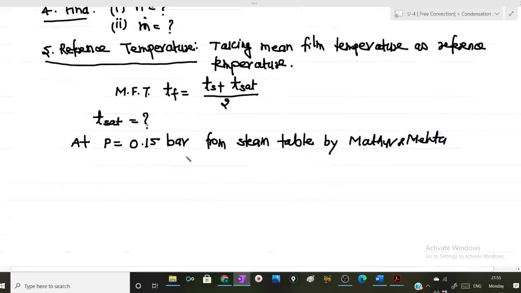It is not given. So Tsat is the saturation temperature of steam at a pressure of 0.15 bar. In order to find this value of Tsat, at a pressure of 0.15 bar of steam, I will refer to the steam table by Mathur Mehta. You can refer to steam tables by other authors as well.